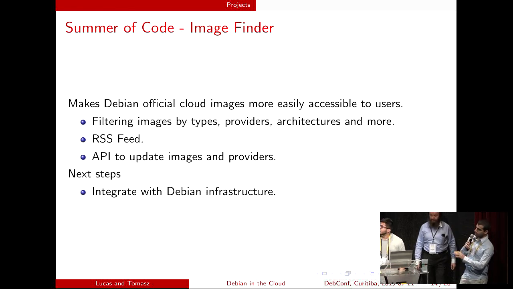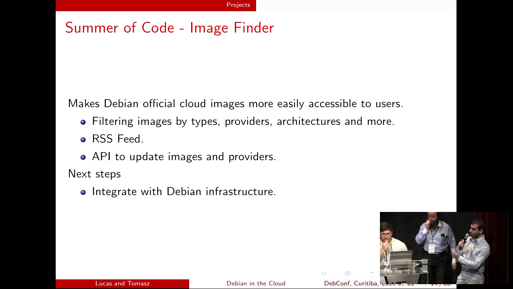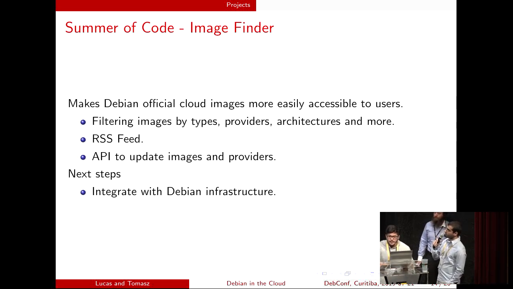That's basically what we've been developing now. The next step is to integrate this image finder into the Debian cloud infrastructure. And I will show a quick demo of what we've been doing.